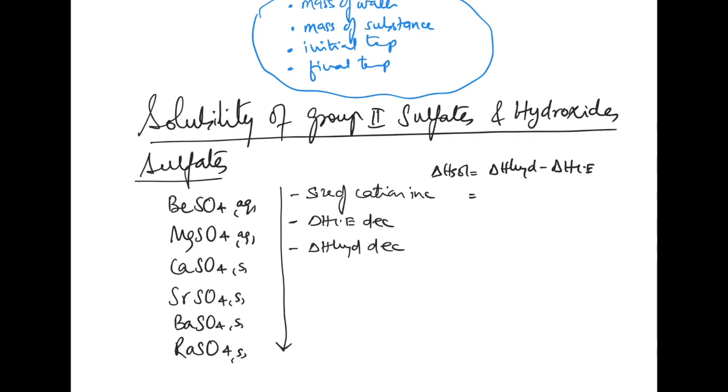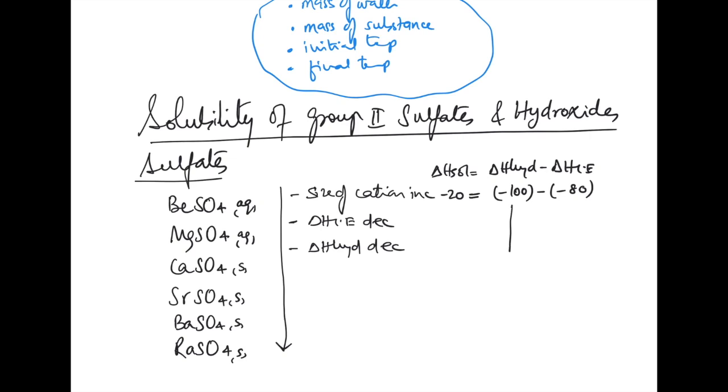Let's be random. Let's say its total hydration is minus 100. And let's say its lattice is minus 80. So the answer is minus 20, which means that enthalpy of solution is exo, the compound is soluble.